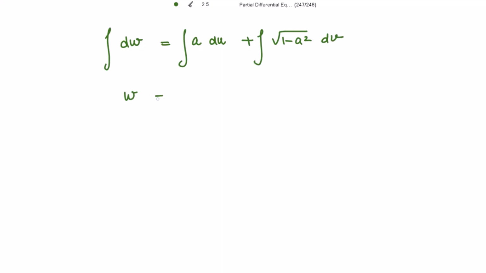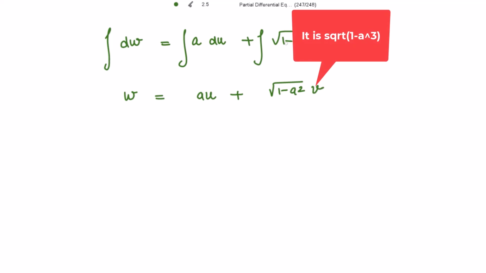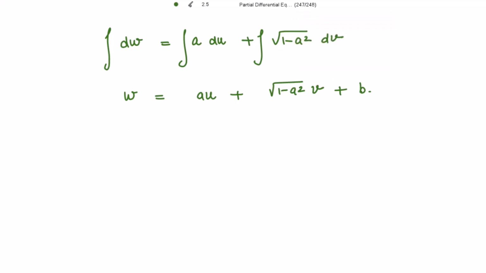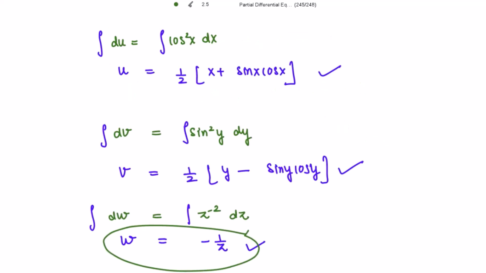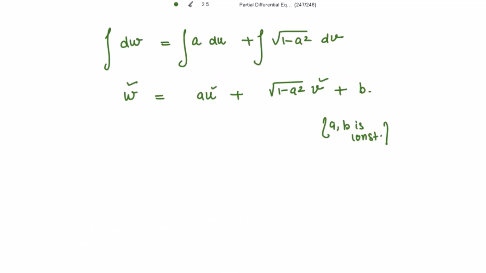So we have w to be equal to au plus the square root of 1 minus a² times v, plus the constant b. b is constant, a is also constant. And now we are going to put the values of small u, v and w. It is minus 1 by z, v is this and u is this. So w is minus 1 by z equals a into what is u? It is 1/2 of (x plus sin x cos x).